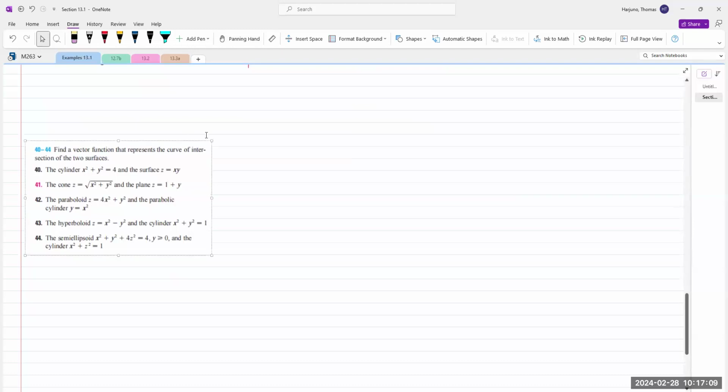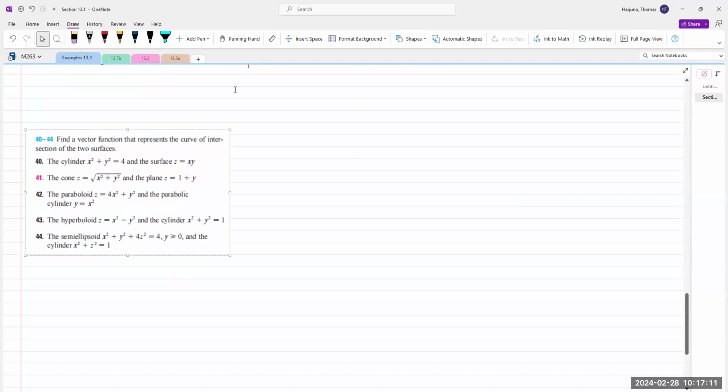The one I do here, as I remember, I don't really cover in class. Let's see number 40. Okay, so we have the vector function that is the curve intersection of two surfaces. The first surface, let's call that surface 1, is x squared plus y squared equals 4.